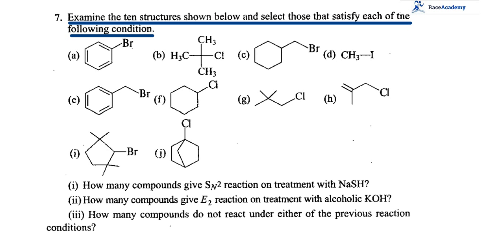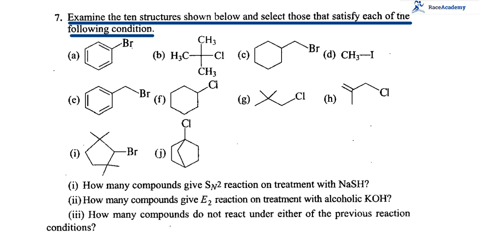See, for SN2, a primary halogen compound should be there in this. So, on saying directly, in the C option we have a primary carbocation, and in the D option we have methyl iodide.